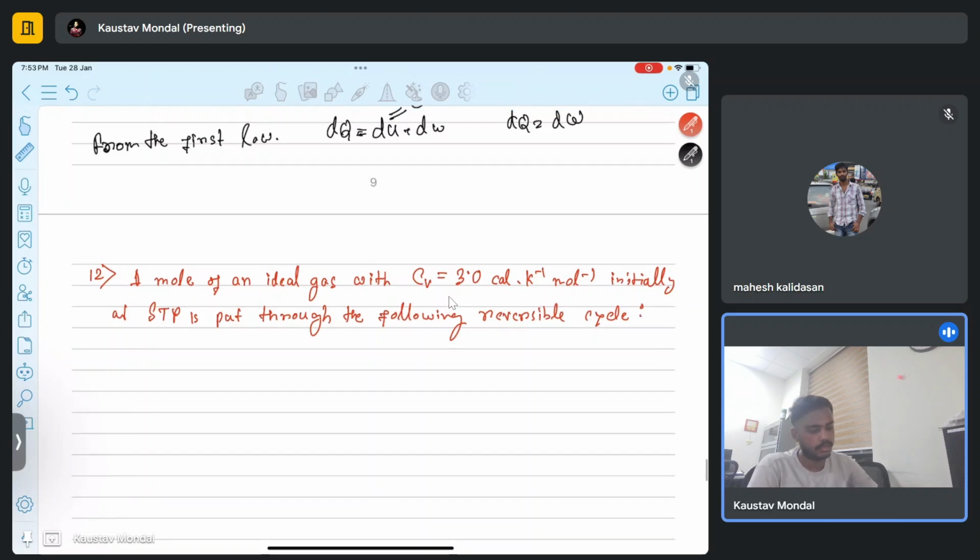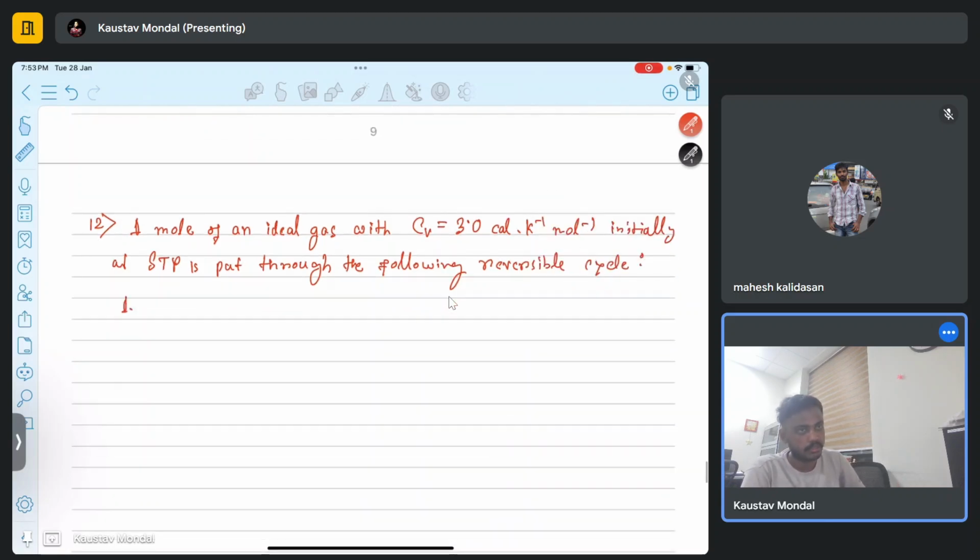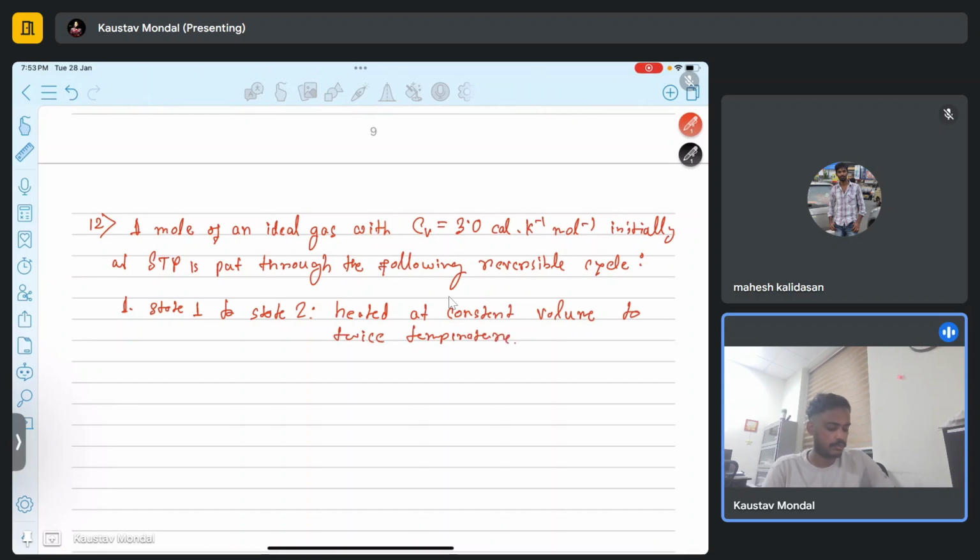So the cycle is given like this. During the first process, from state 1 to state 2, it is heated at constant volume to twice the temperature. So this is the first process.